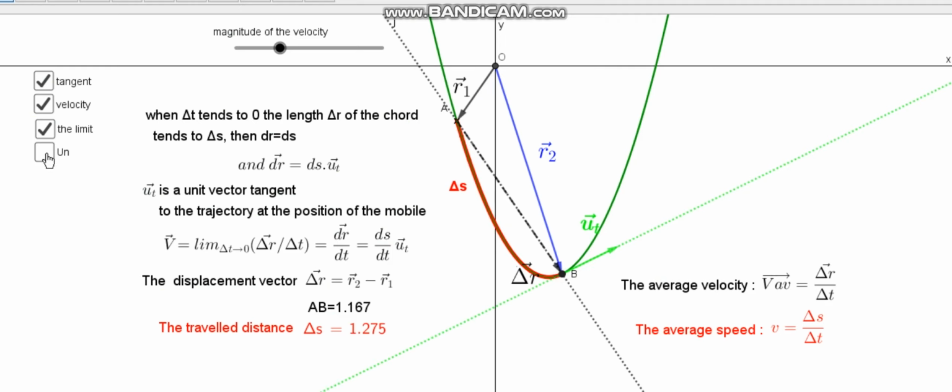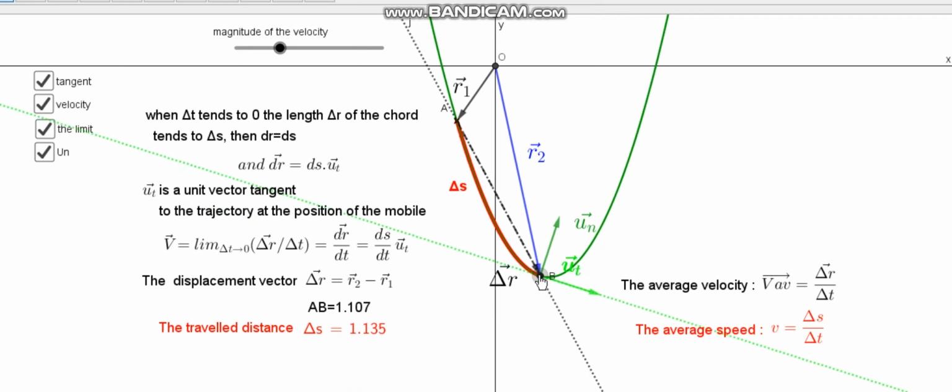Now we will speak about this coordinate system. ut and un are unit vectors at the position of the particle.